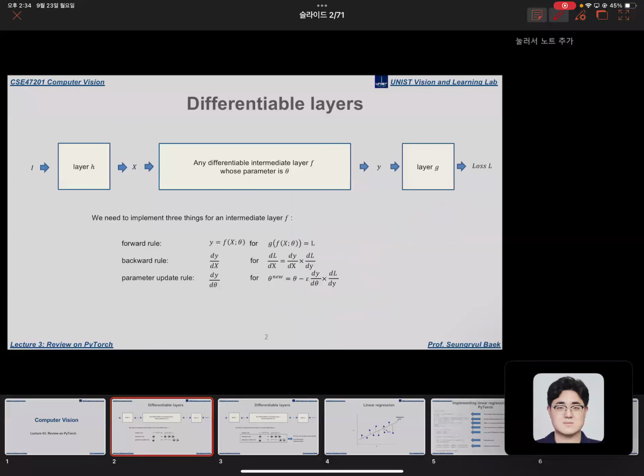And this is the thing we learned so far. So given this is denoting some deep learning architecture, and this is the function that can calculate the loss from the final prediction y.